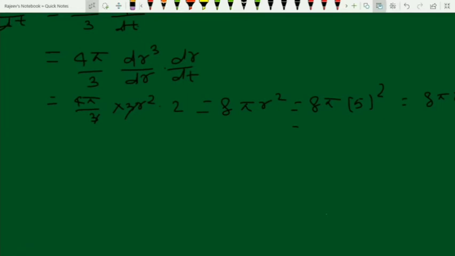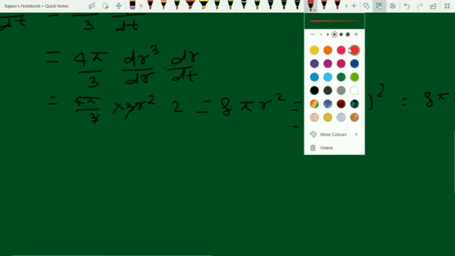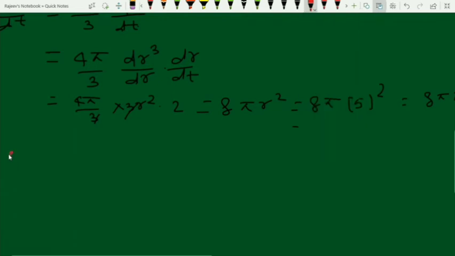Okay, now we are going to see the second application of differentiation. This is the first application. See what the second application is.